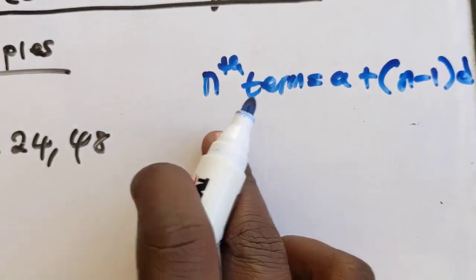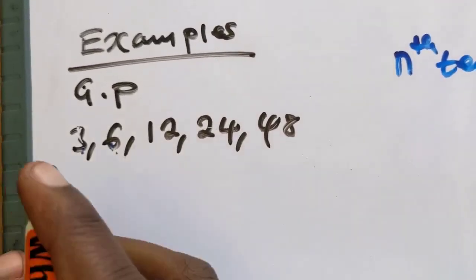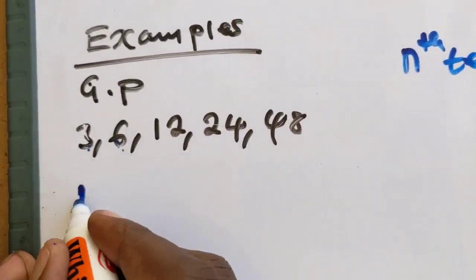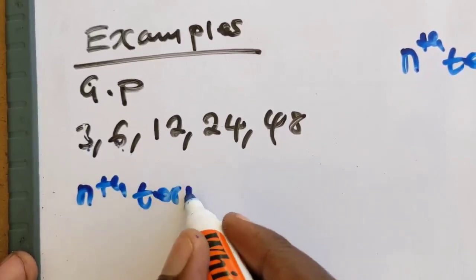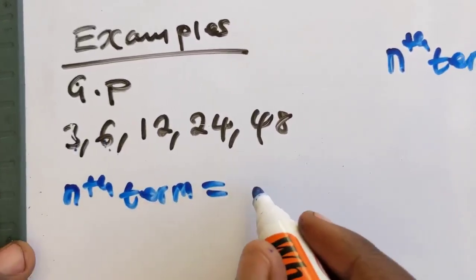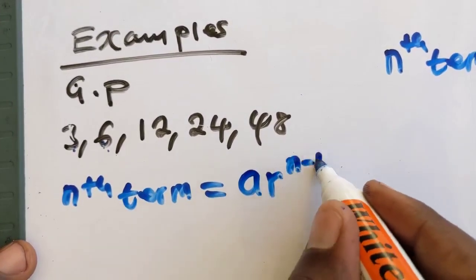Now for the nth term in geometric progression, the formula is equal to a r to the power n minus 1.